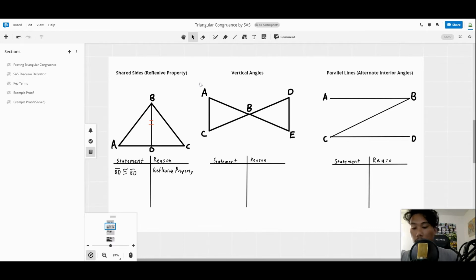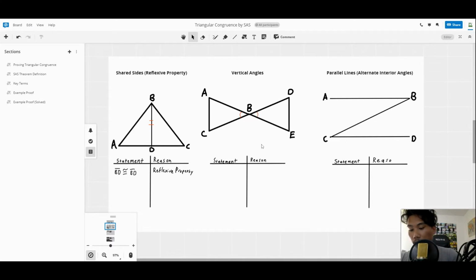The second of the three is when two triangles are connected by the same vertex. Right, so here we have triangle ABC and triangle DBE. Now, in situations like this, we can make the statement that angle ABC, right, so that's this angle here, is congruent to angle DBE, which is this angle here, right?